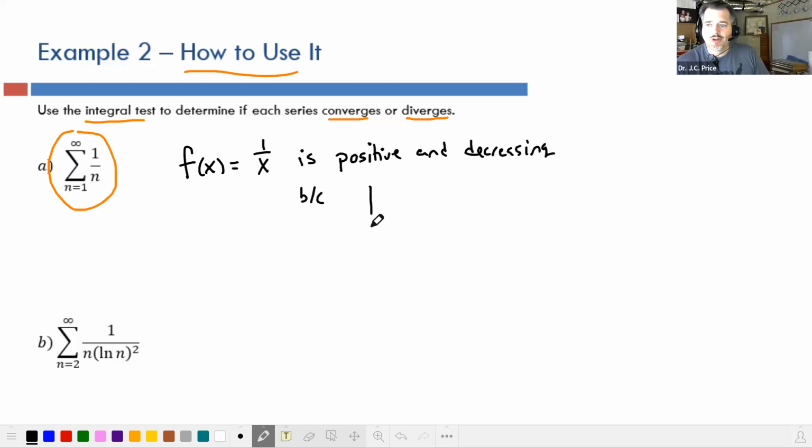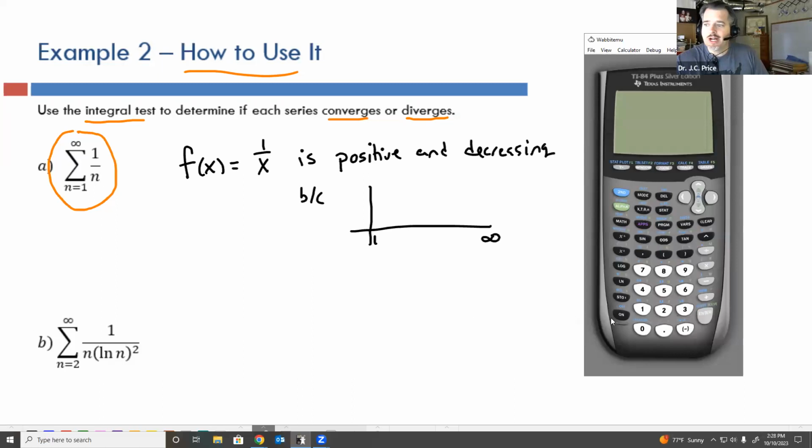And you're going to love how we show this. All you have to do is graph this on your graphing calculator. Here, I always say, I let you get away with murder. We're going to go from 1 to infinity, and on your graphing calculator, you're just going to graph 1 over x, and we're going to use that to show that it is positive and decreasing. We'll make our window go from 1 to 10, and then we'll zoom fit it.